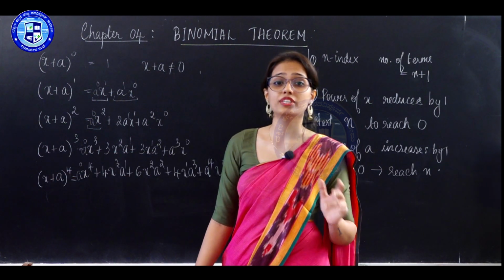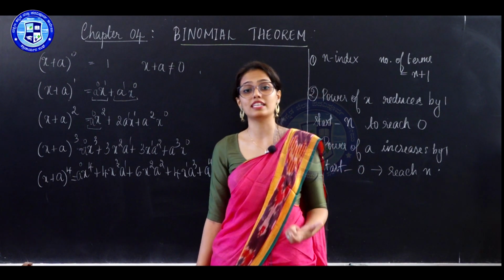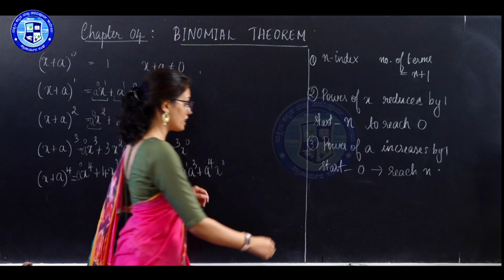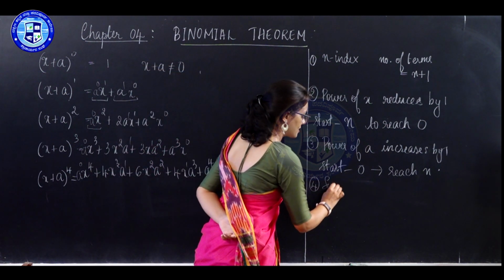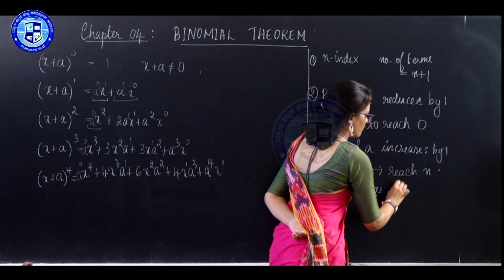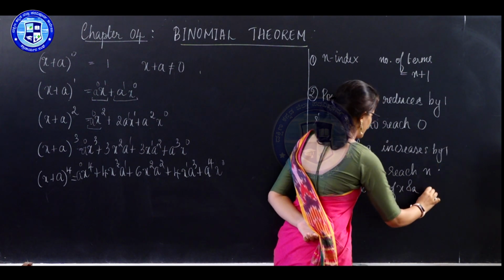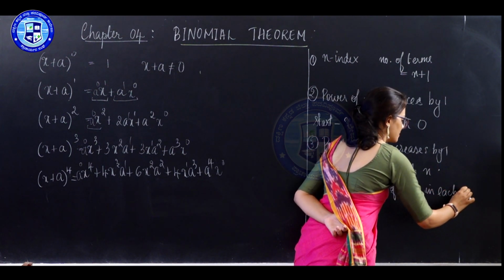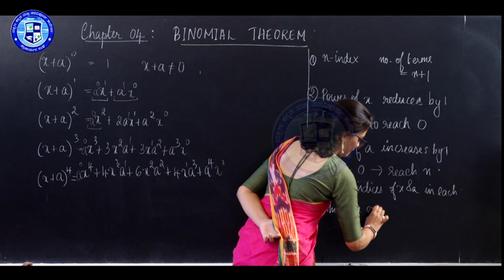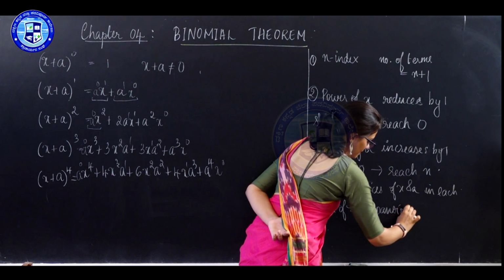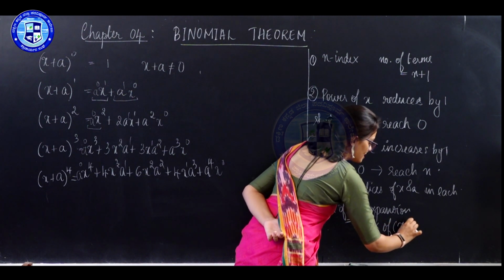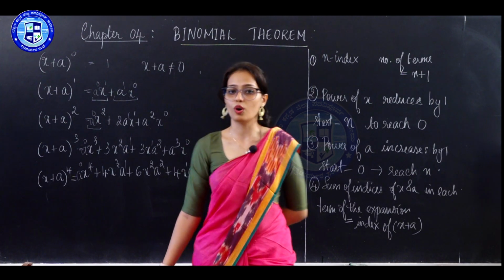The sum of the indices of each term in the expansion is equal to the index of x plus a. So we have the fourth observation: the sum of indices of x and a in each term of the expansion is equal to the index of x plus a. So this is our fourth observation.